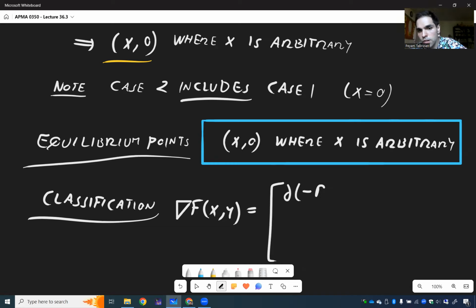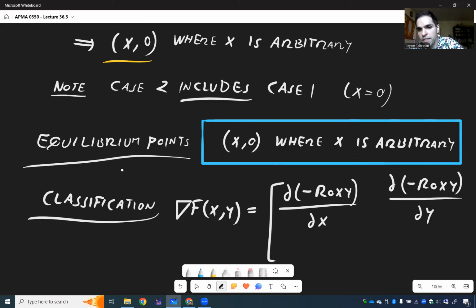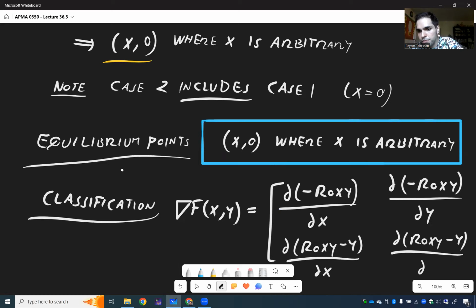So partial of minus R0XY with respect to x, partial of minus R0XY with respect to y, and partial of R0XY minus Y with respect to x, and partial of R0XY minus Y with respect to y.